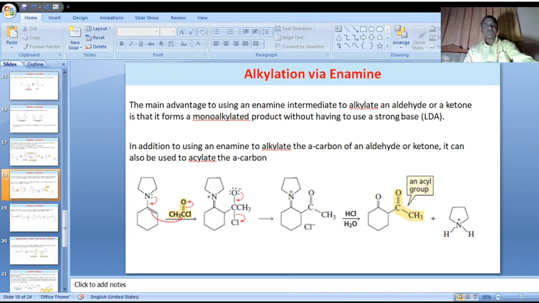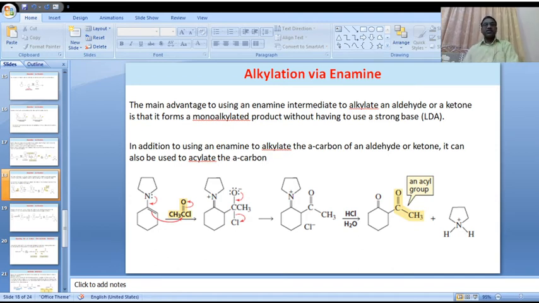In addition to using an enamine to alkylate the alpha carbon of an aldehyde or ketone, it can also be used to acylate the alpha carbon.